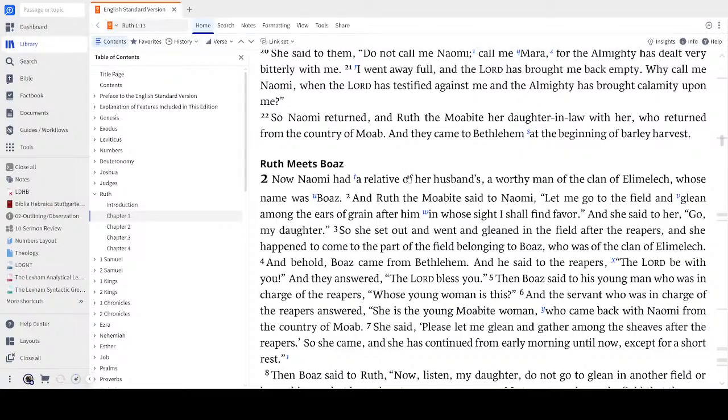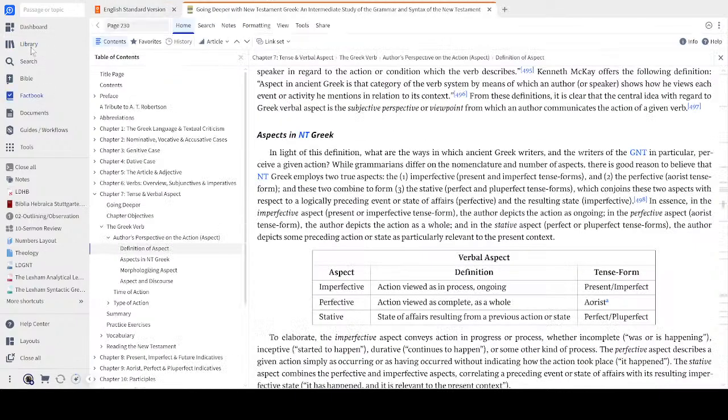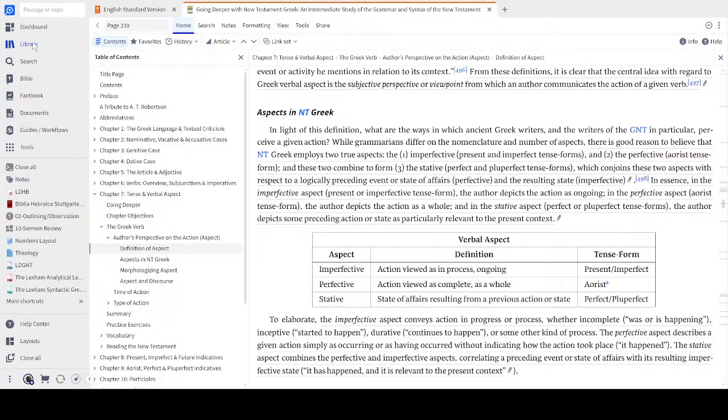This one right here, Going Deeper with New Testament Greek, is going to point some things out for us, especially regarding aspect, because I think aspect is most important when you're talking about non-indicative verbs. I'm going to explain these things about non-indicative verbs in general, and then get into the specifics of each type of non-indicative verb.